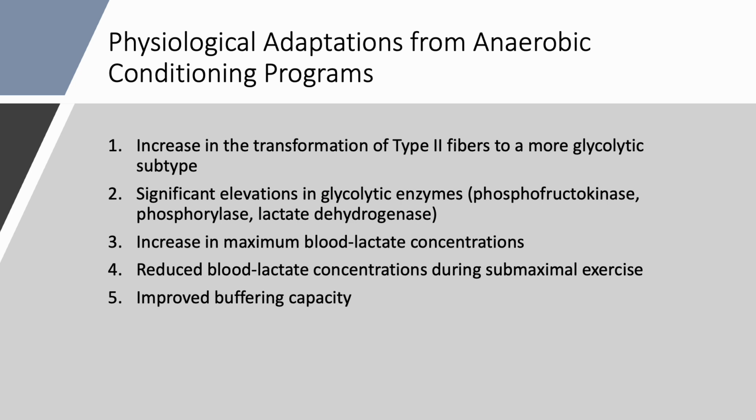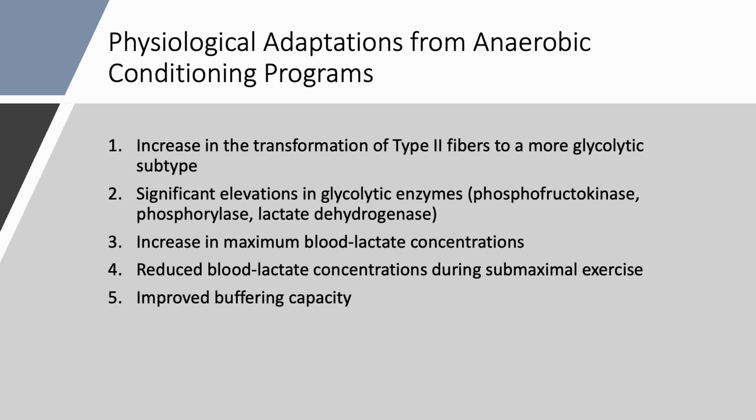These enzyme changes lead to an enhanced buffering capacity. Remember, we are only as fast as our weakest link. Enzymes are responsible for breaking something down for further use, for instance, like ATP.